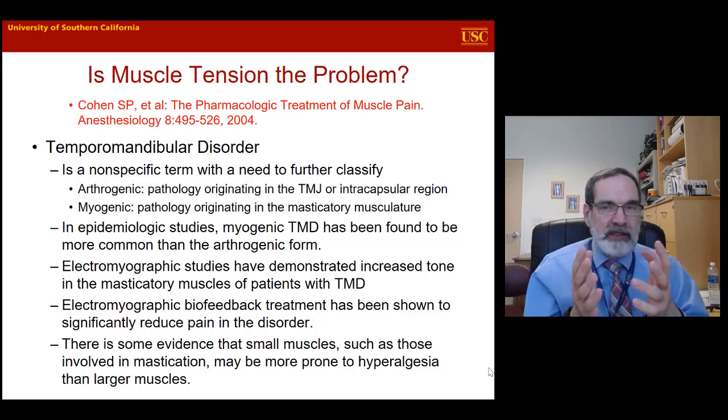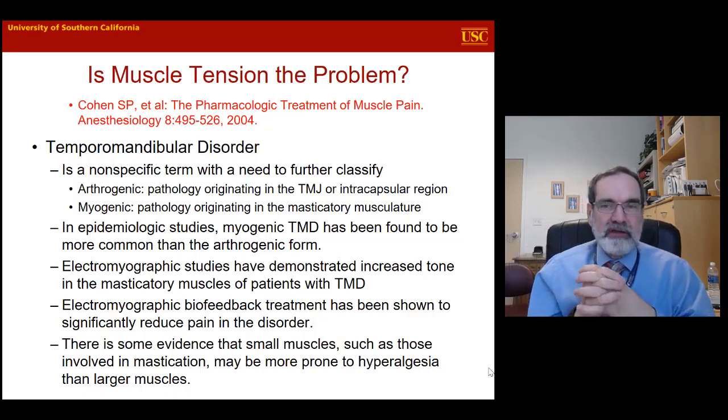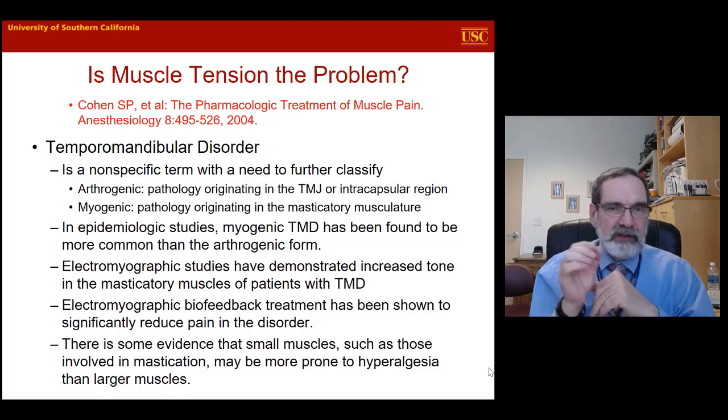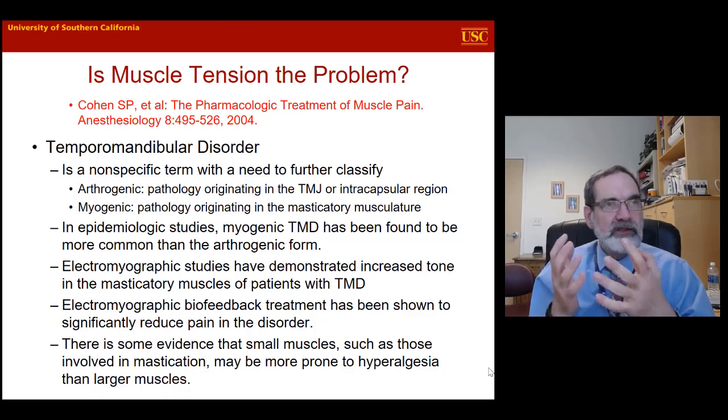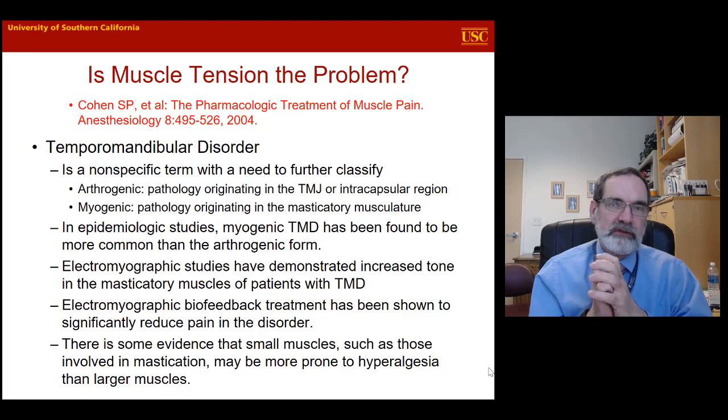In epidemiologic studies, the myogenic form is more common. And we do see in studies where we look at EMG studies, we do see increased tone in these muscles in patients who have temporomandibular pain disorders.